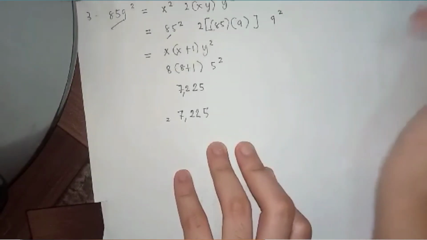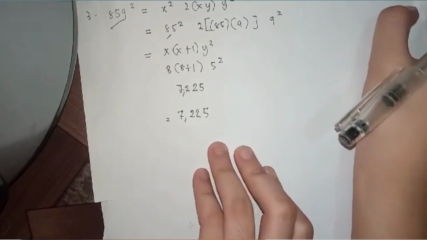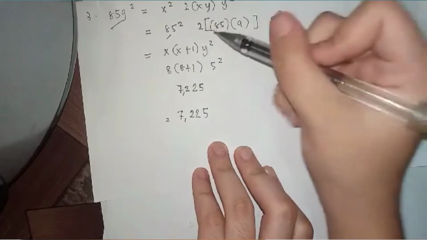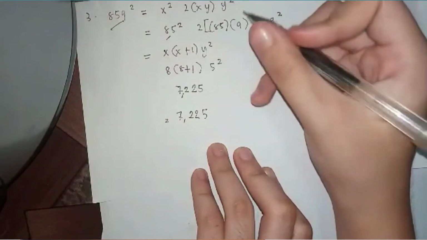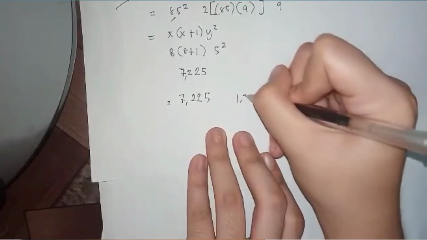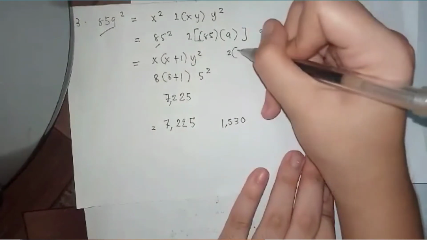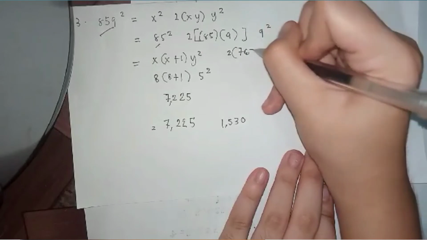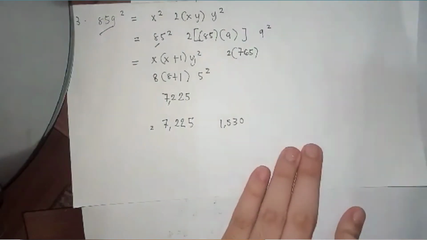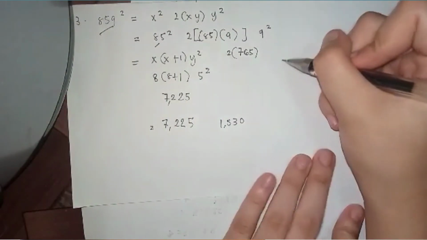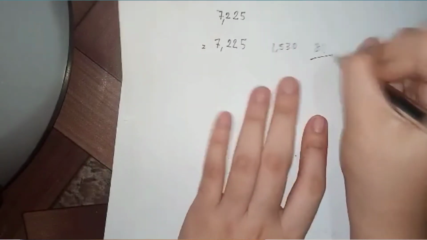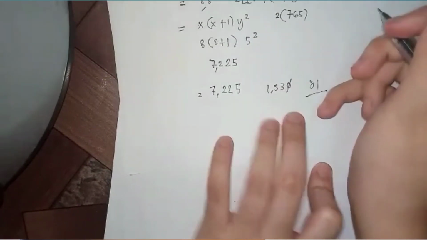85 times 9 is 765. Times 2, we have 1,530. Okay, let me show it. 9 squared is 81. Since this is 2 digits, we're gonna cancel out 1 digit here.